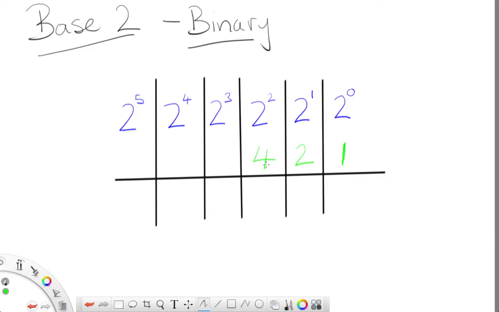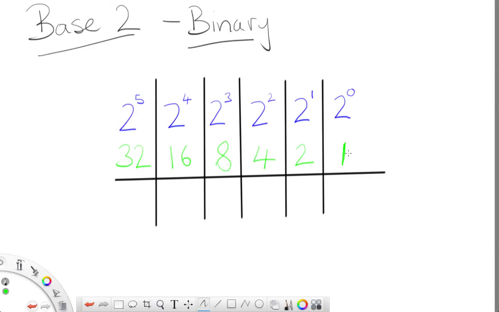The next one is 2 to the 2, which is 4. What you'll notice is each time, just like in base 10, every time you times by 10 to get to the next column, in base 2, you times by 2. 1 times 2 is 2, 2 times 2 is 4, 4 times 2 is 8, 8 times 2 is 16, and 16 times 2 is 32.